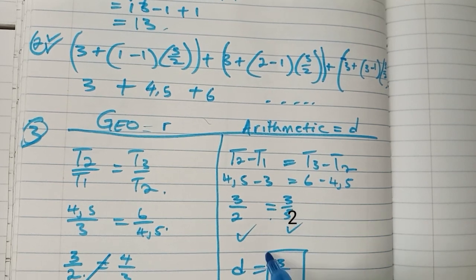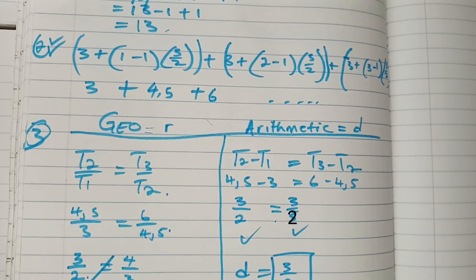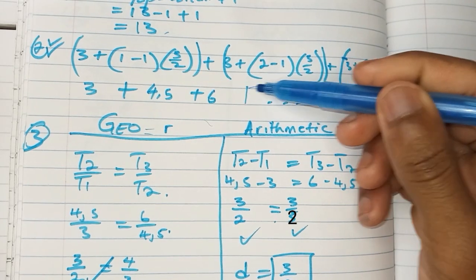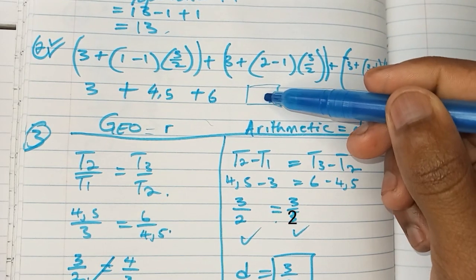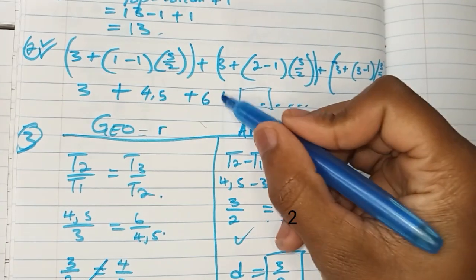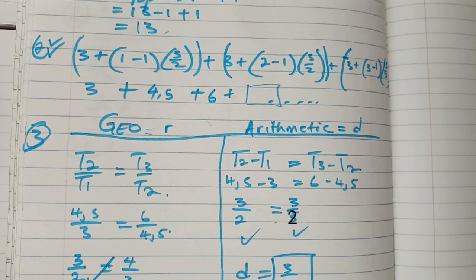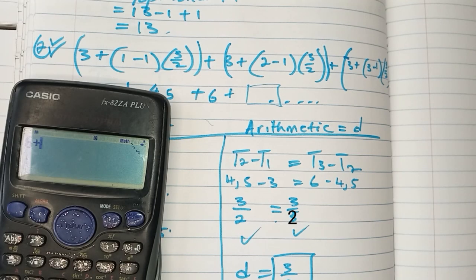But let us prove this. We are trying to find this term right here. This is term number 4. If we get this one correct, then it means everything is correct, right? So we are going to say 6 plus 3 over 2.